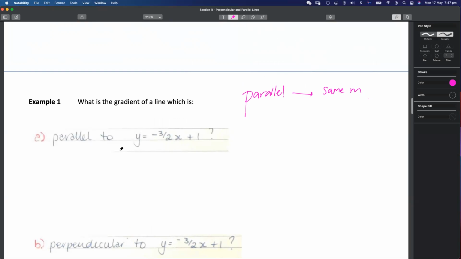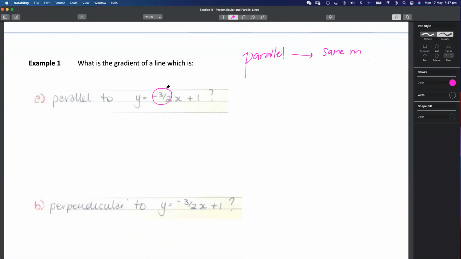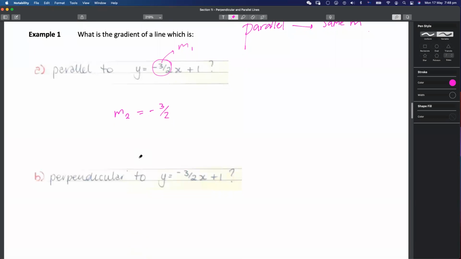So you look at your m here, this is our m1, therefore the gradient m2 is negative 3 over 2. They have to be the same to make it parallel.